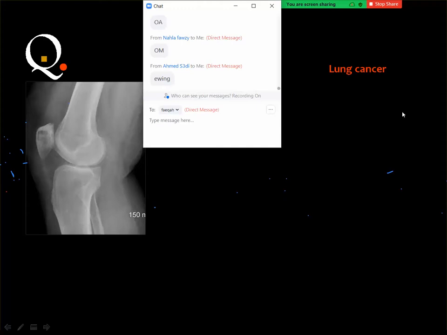Is it a normal X-ray, or is there an abnormality?